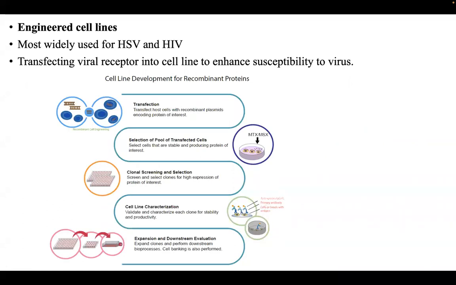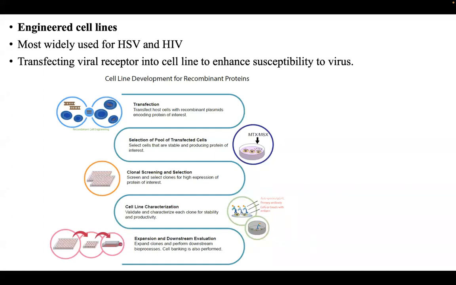So another example of the newer formats for cell cultures is the engineered cell lines, and these are most widely used for research for HCV and for HIV. And this involves transfecting a viral receptor into a cell line to enhance susceptibility to the virus.